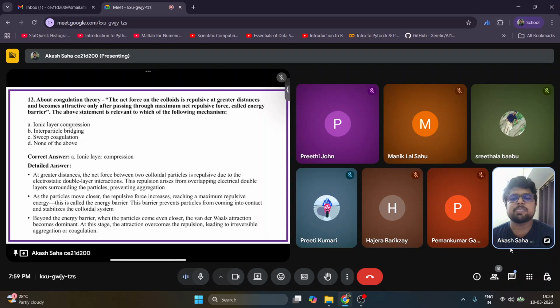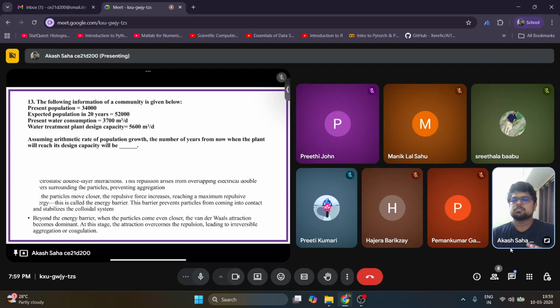Okay, this barrier prevents particles from coming into contact and stabilizes the colloidal system. Beyond the energy barrier, when the particle becomes even closer, the van der Waals attraction forces become dominant. Okay, so they have to overcome the energy barrier for the van der Waals attractive forces to be dominant. Okay, at this stage, the attraction overcomes the repulsion, leading to irreversible aggregation or coagulation.